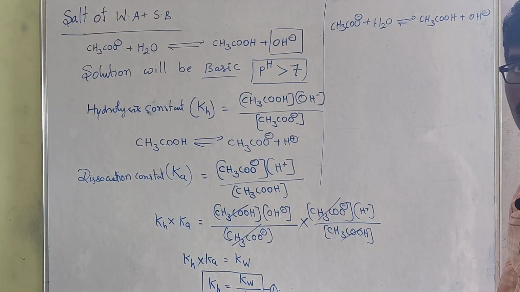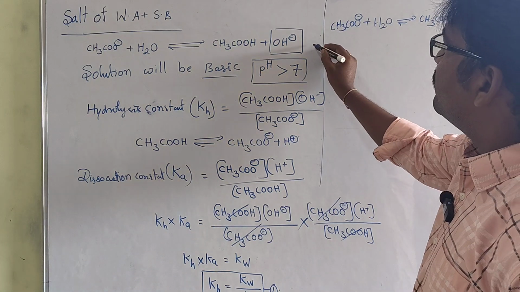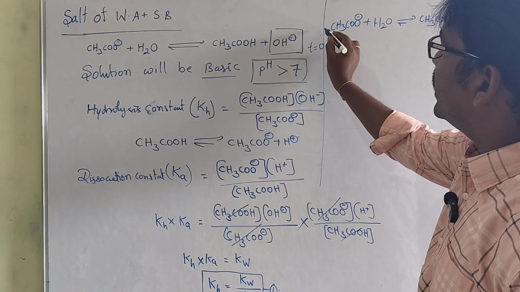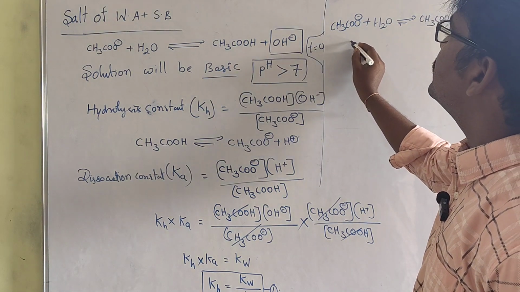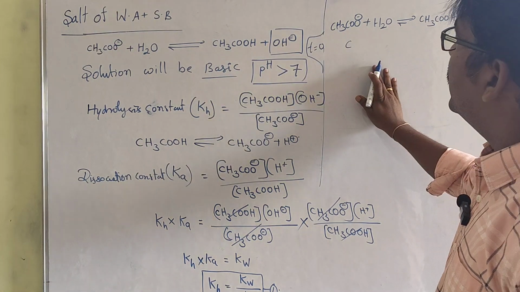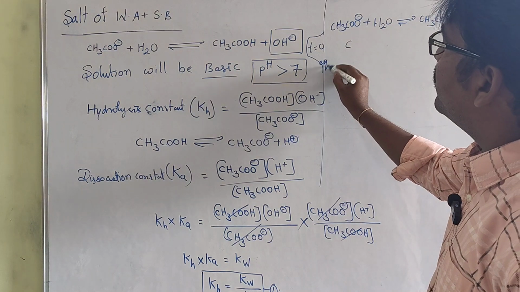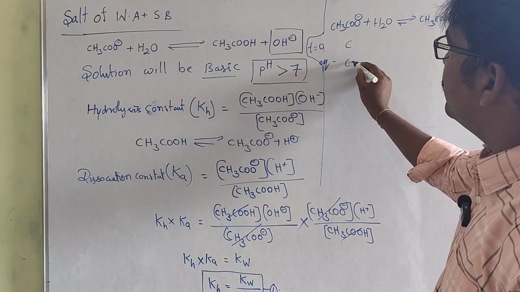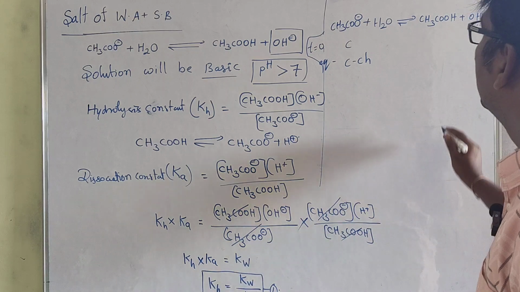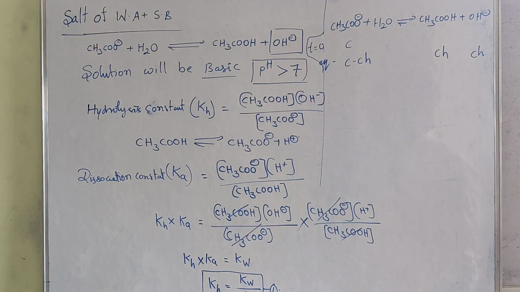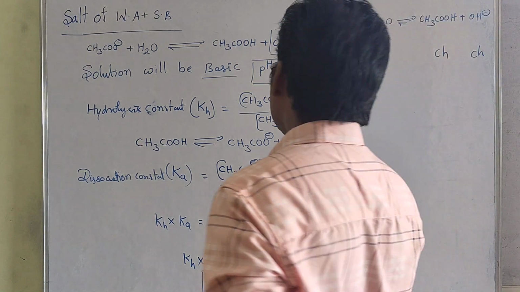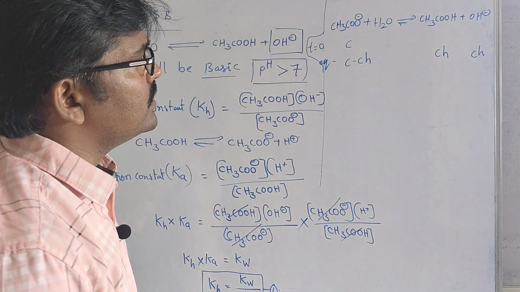The weak part concentration when time t equals 0 becomes C. After equilibrium, we have to take C minus Ch. Then here Ch, and here Ch will be. Clear? Yes. So observe it, my dear students.